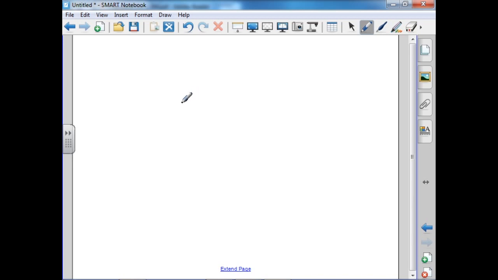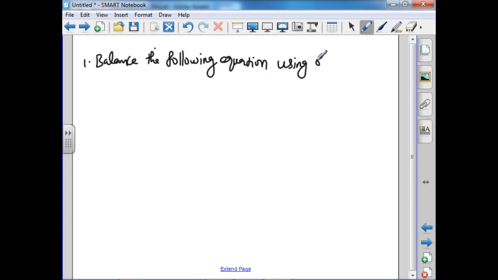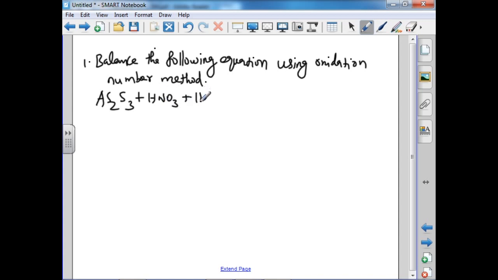The next question is, balance the following equation using the oxidation number method.